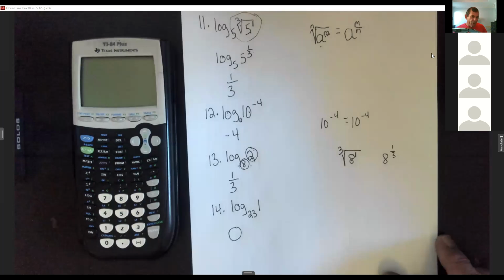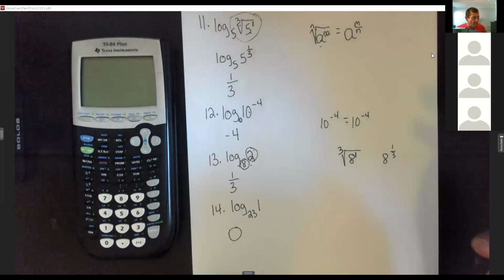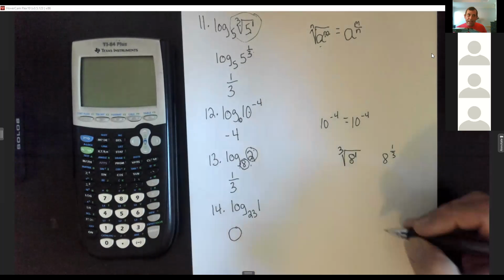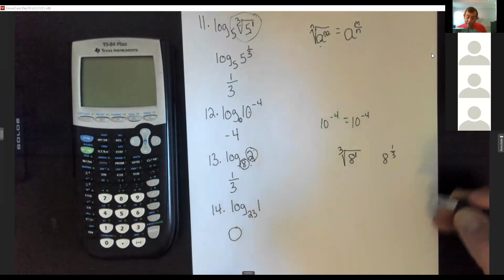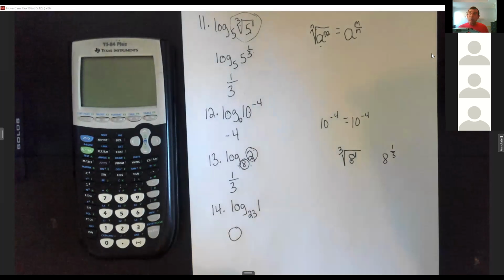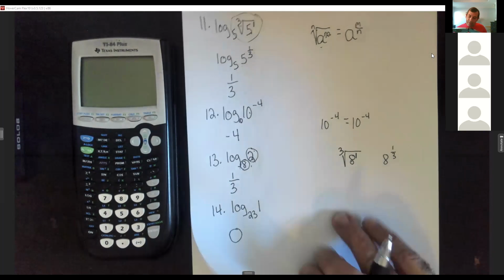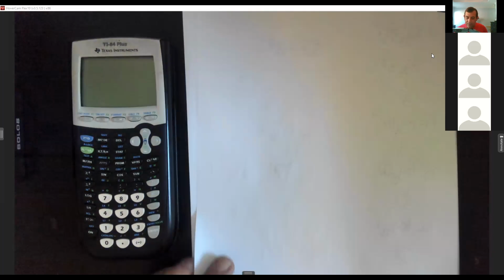Okay, and then y'all can push that in, but remember, if there's a 1 there, we had that principle I showed y'all a while ago. Log base A of A equaled what? No matter, log base A of 1 equaled 0, okay? All right, moving on.